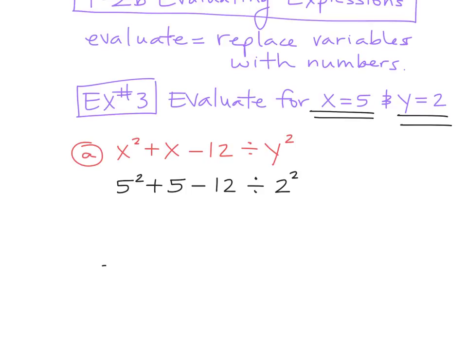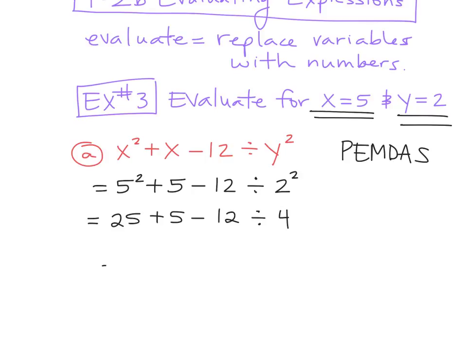So if we do that, if we think PEMDAS, do we have P? No, there are no parentheses there. Do we have the E? Yes. What do we have to do with that? 5 squared is 1 exponent, right? So 25 plus 5 minus 12 divided by what? 4, 2 squared.